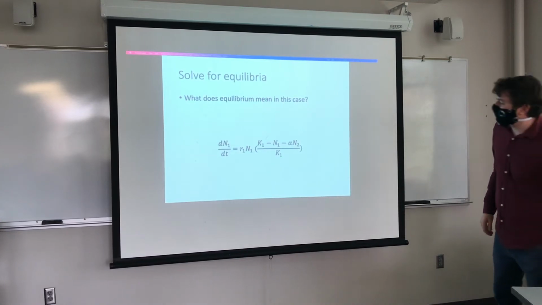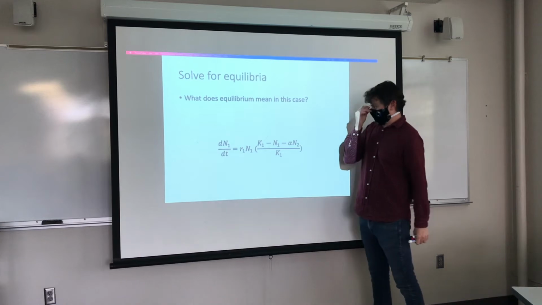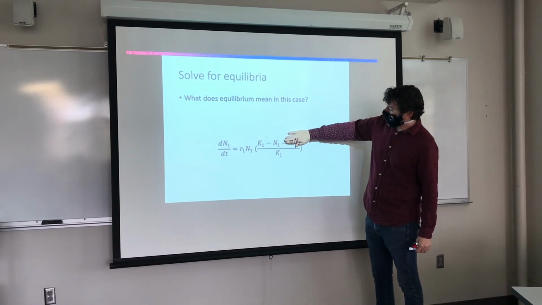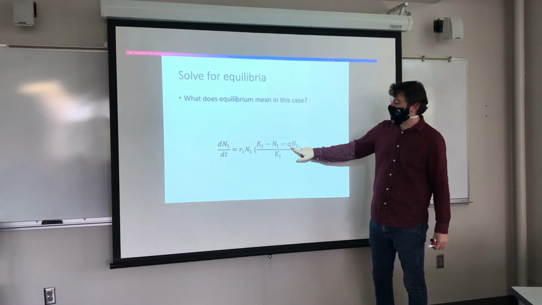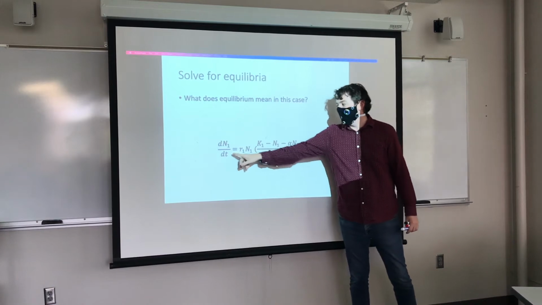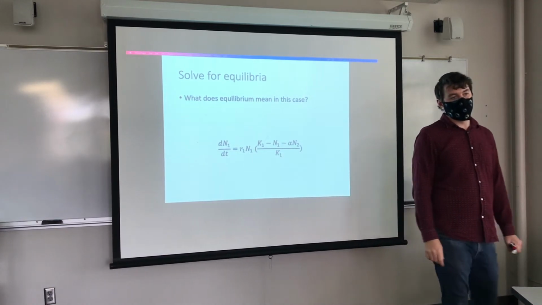So now let's start actually playing with the equation a little bit. Without this species 2, what population of species 1 renders the rate of growth 0?